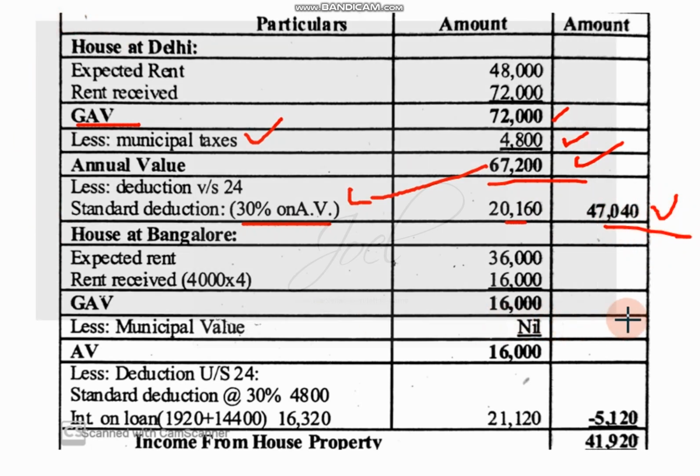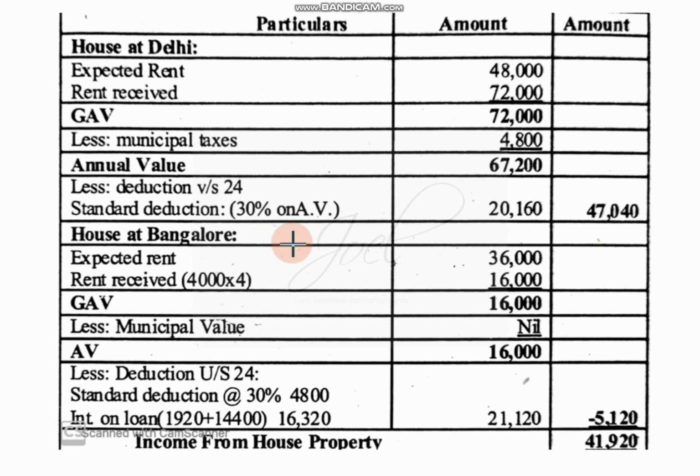So that is the thing you have to consider, that is related to the first house, which is not self-occupied. The second house was self-occupied. Actually it is self-occupied, but later it is let out. So that's why we are solving this particular thing. Here for expected rent, only the municipal value is there, 36,000. Rent received is 4,000 into 4, and 16,000 comes.